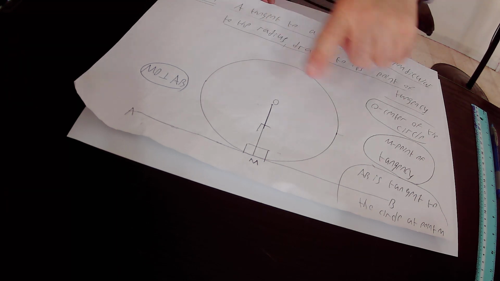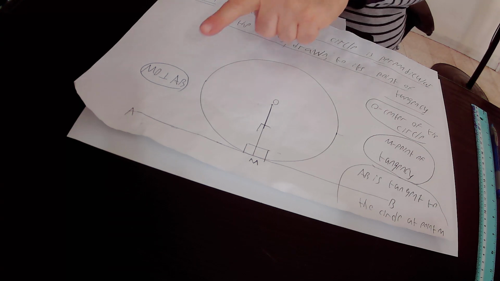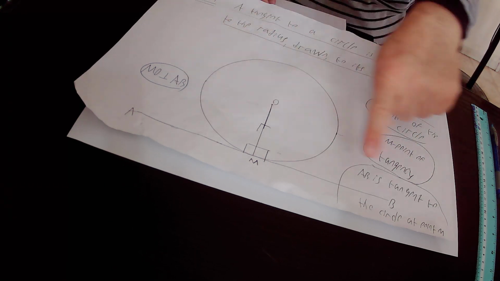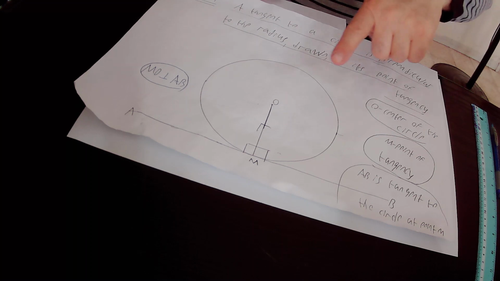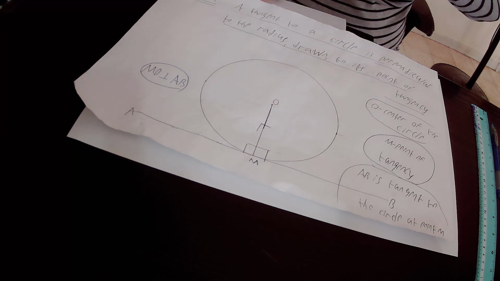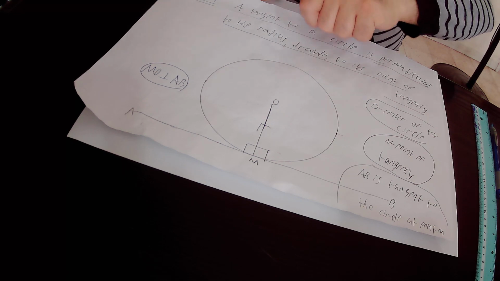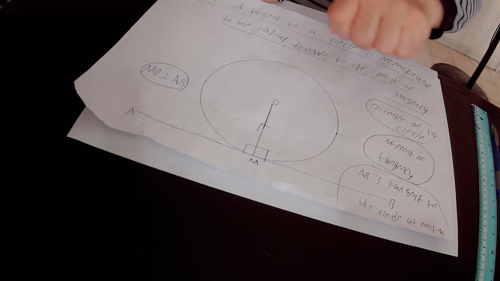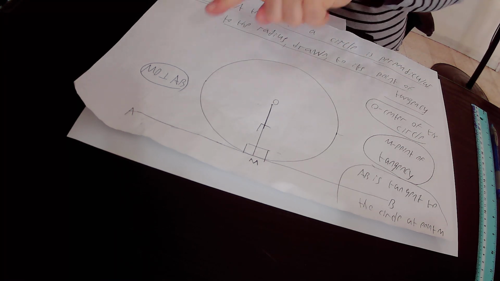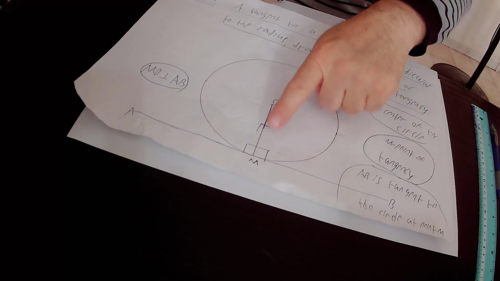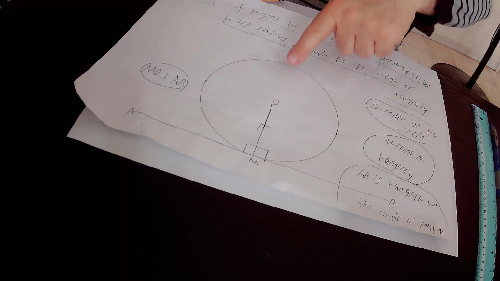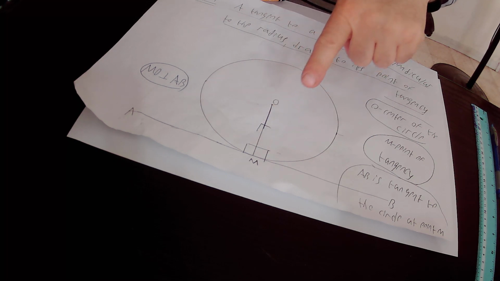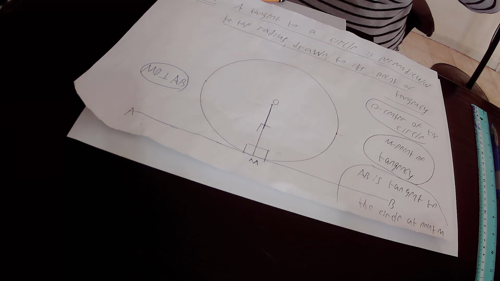In the drawing we have a circle and a tangent AB, tangent to this circle at point M, the point of tangency. We also have the radius OM drawn to point M. Whenever you have a radius drawn to the point of tangency, then tangent AB is perpendicular to the radius MO. If AB is perpendicular to MO, this angle equals 90 degrees and this angle also equals 90 degrees.